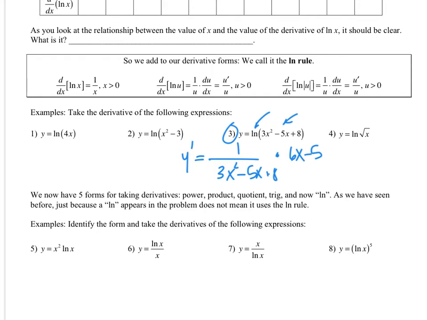All right. Same thing for here, ln u, and we are taking the derivative, so y prime is 1 over u times du. The derivative of square root of x is 1 over 2 square root of x. So then you would simplify that to be 1 over 2x, because square root of x times square root of x is going to be x. So that's going to be 1 over 2x.